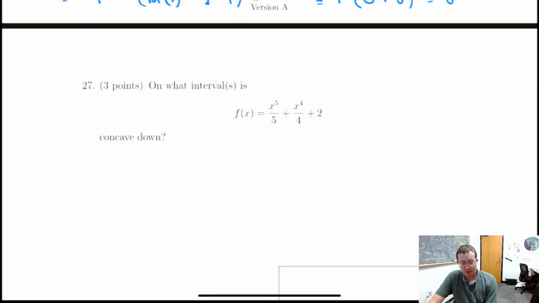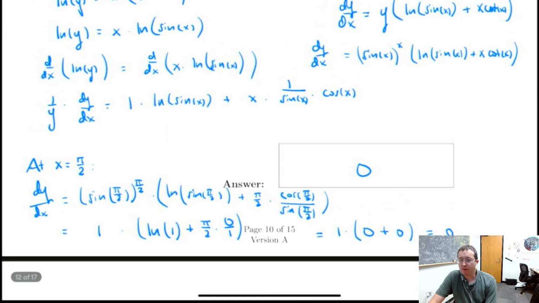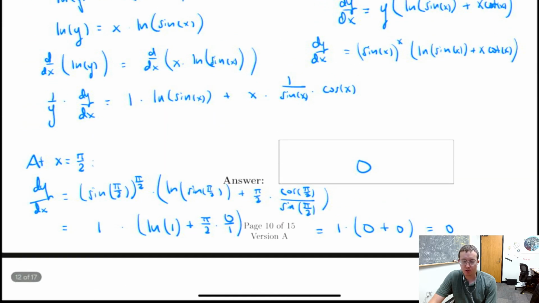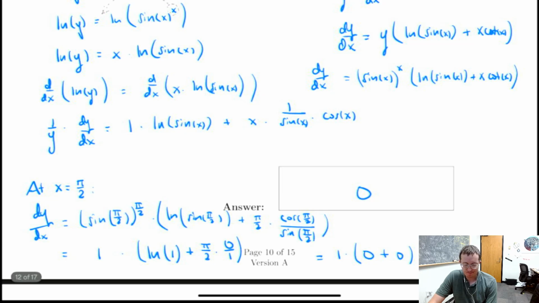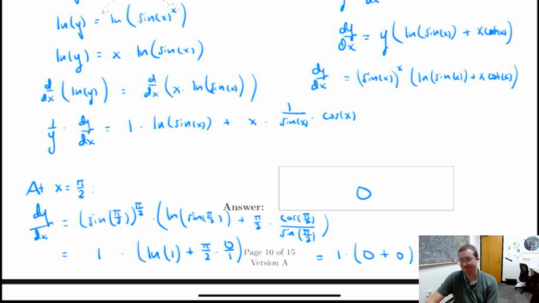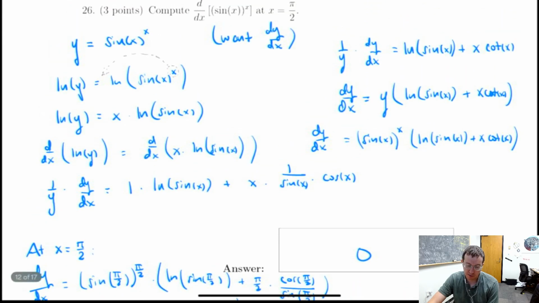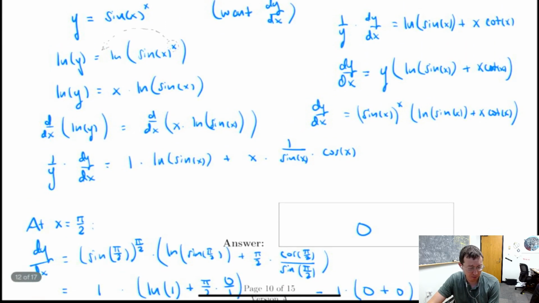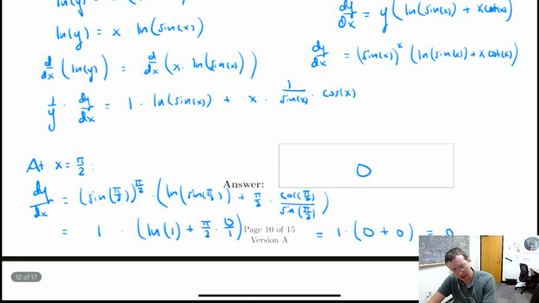All right. Would points be taken away if you did not simplify the pi over 2 all the way through? You mean if you just wrote this? I don't know. There would definitely be some debate among the calculus instructors. On a free response question, if this was worth 10 points, I would definitely take off a point. I'd give you a 9 out of 10 for not simplifying it all the way.